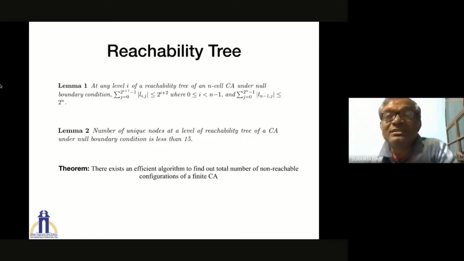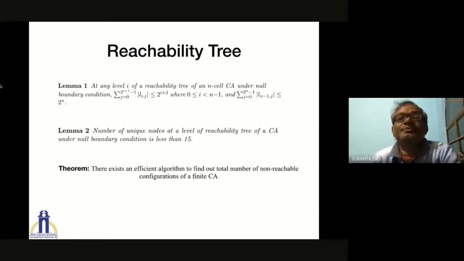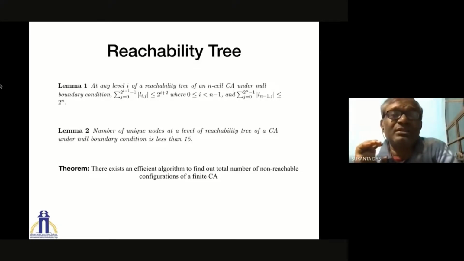We shall see that this structure will help us a lot in deciding set-theoretic properties, in particular reversibility of a finite non-uniform CA. Here we are presenting very basic results which you get almost directly from the definition.